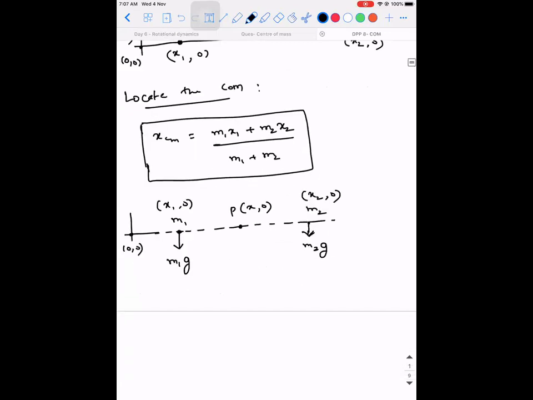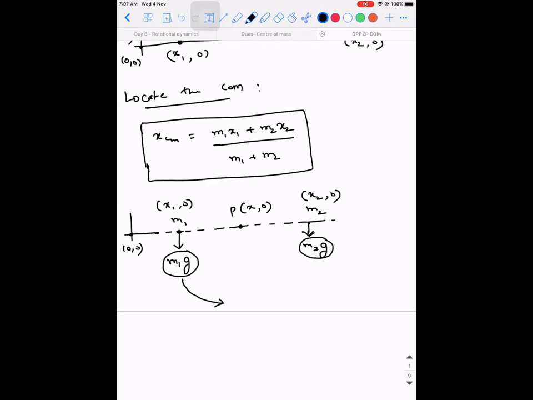Then tell me one thing. If the system has the tendency to rotate about point P, then M1g will try to put this whole system in which direction? Anti-clockwise. Yes. So M1g will have the tendency to put the system into anti-clockwise rotation. Then M2g will have the tendency to put the object into rotation in which direction?